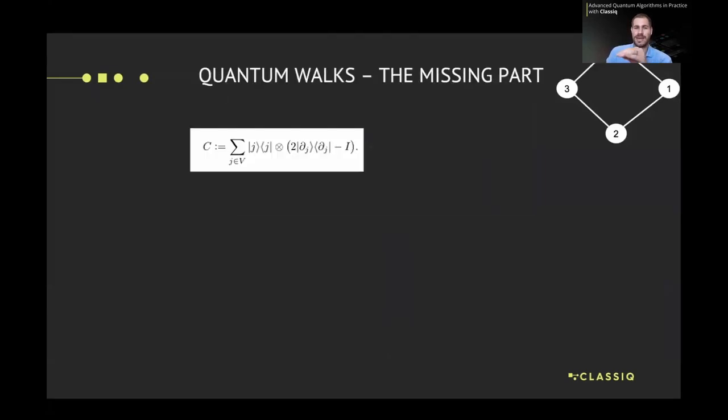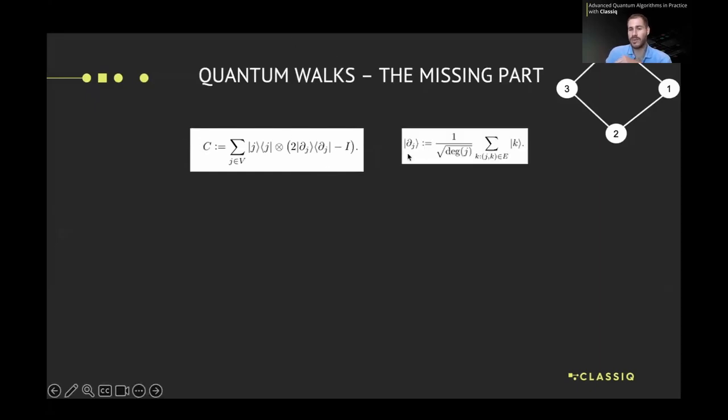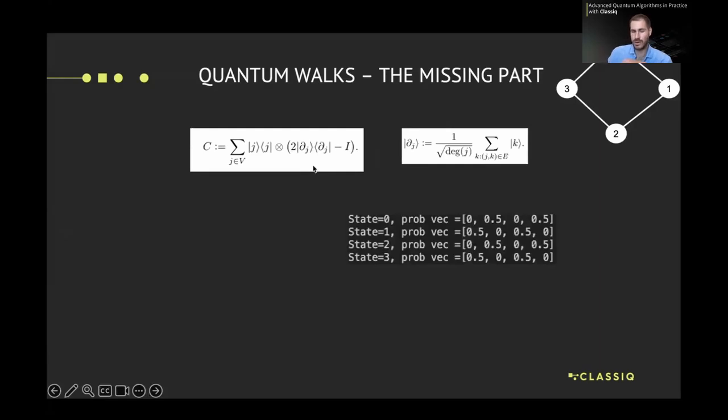Now let's dive into the missing part. We have this C operator, and we have the quantum state that is defined here. It's part of the C operator. And we said earlier that we want to have just a unitary that prepares this state for us. Now let's try to understand it a bit more.